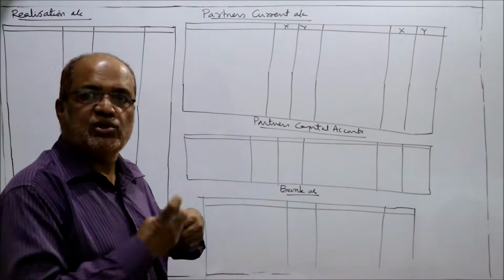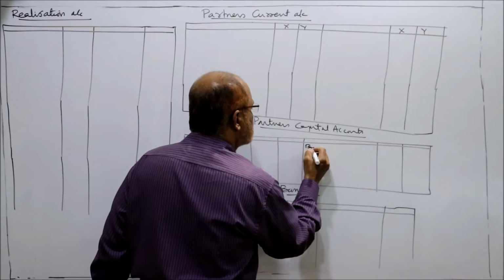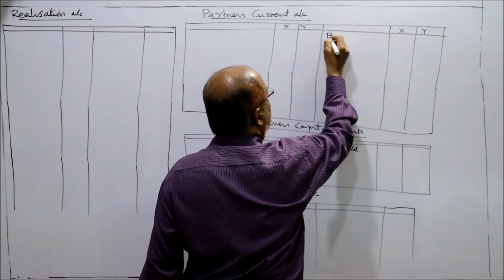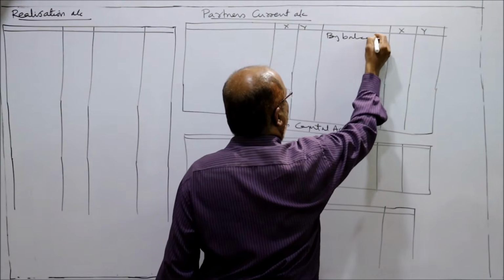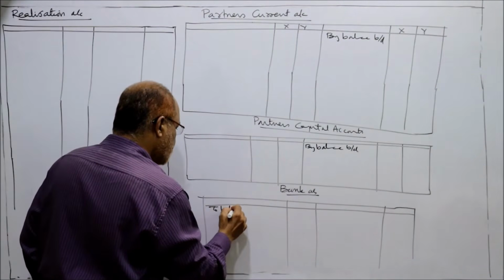So all the accounts we have prepared. Now, first of all, capital account by balance brought down. Here current account also by balance brought down. And bank account to balance brought down.